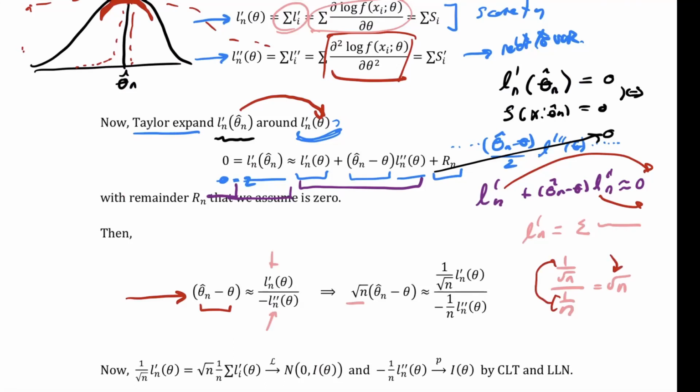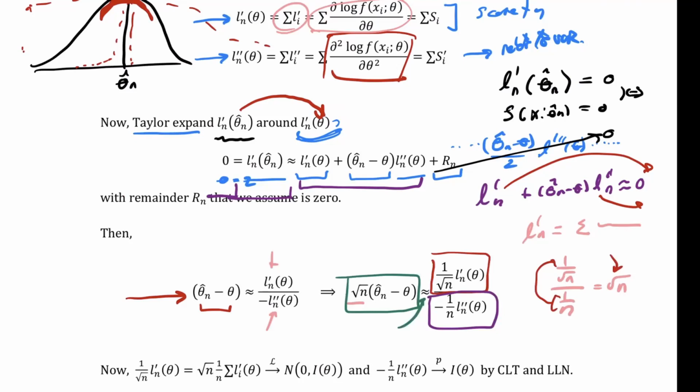So I'm going to take 1 over the square root of n on the top, and I'm going to take 1 over n times the bottom piece. And both those are going to equal this first piece here, and we're going to say it's approximately equal.